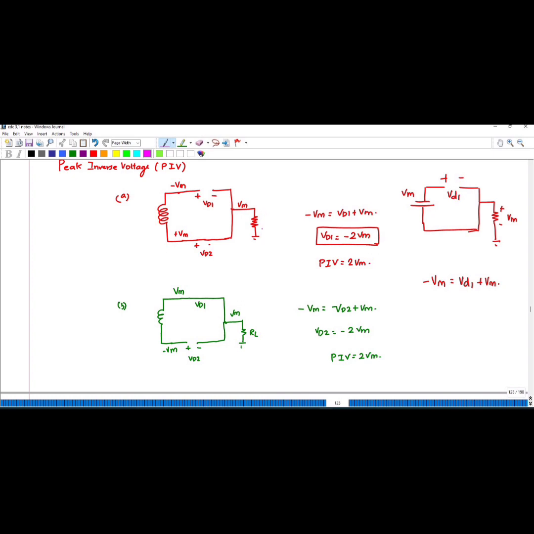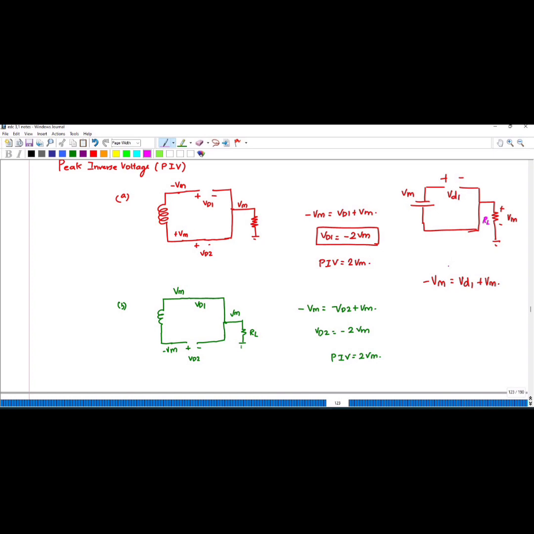So here I will get the voltage as Vm. This is your negative value, this is open circuited and this is short circuited. Based on this, I will get the output across the resistance as Vm.